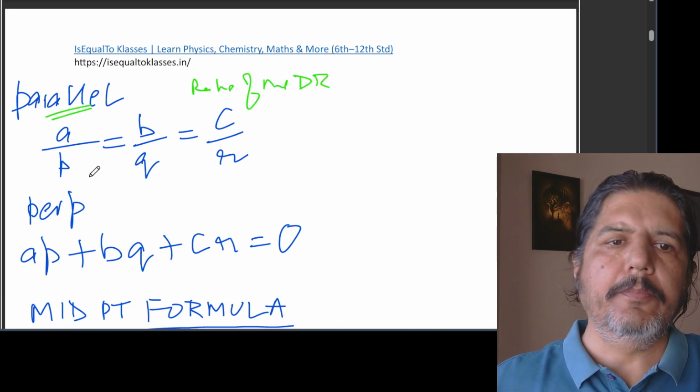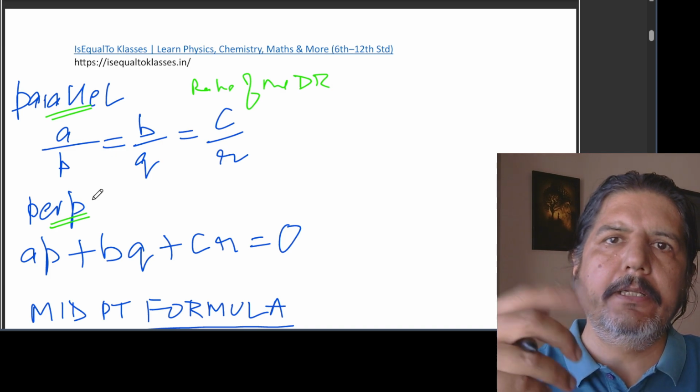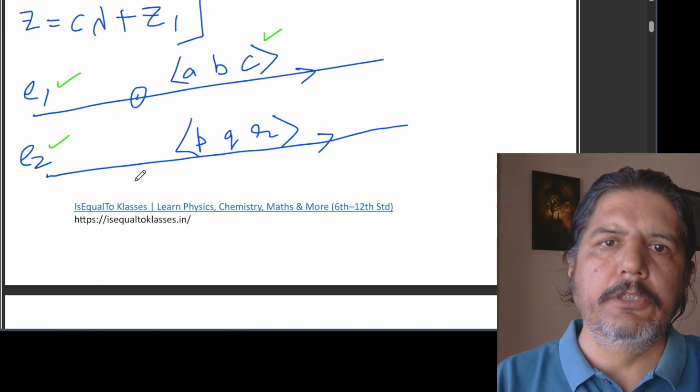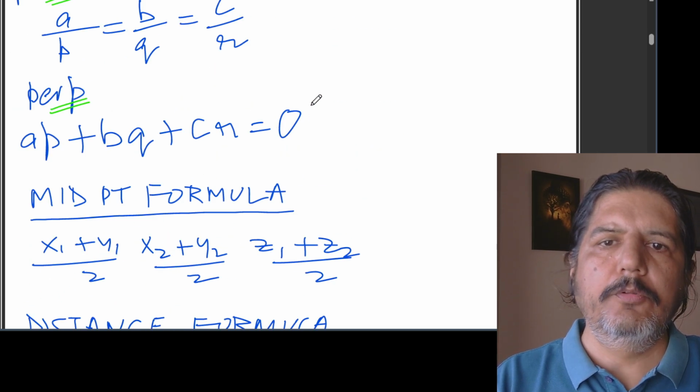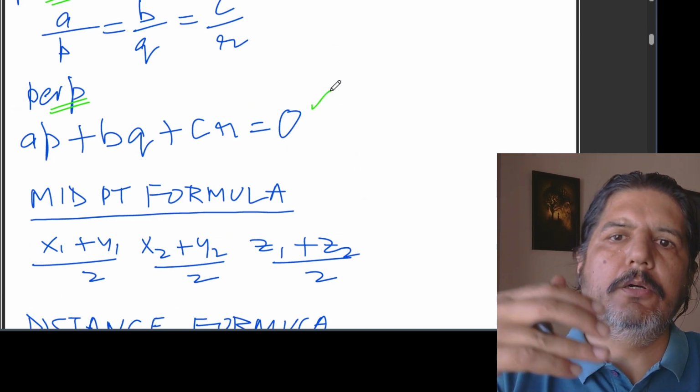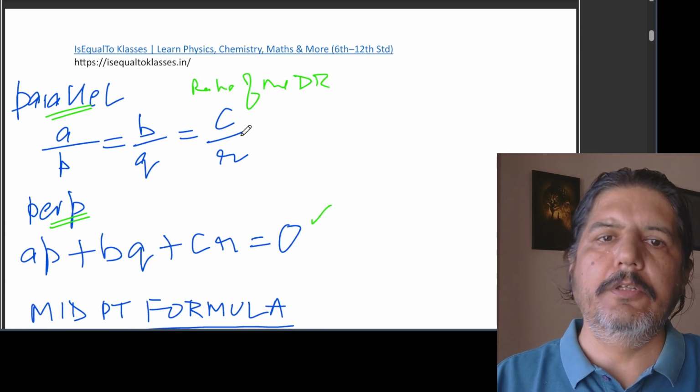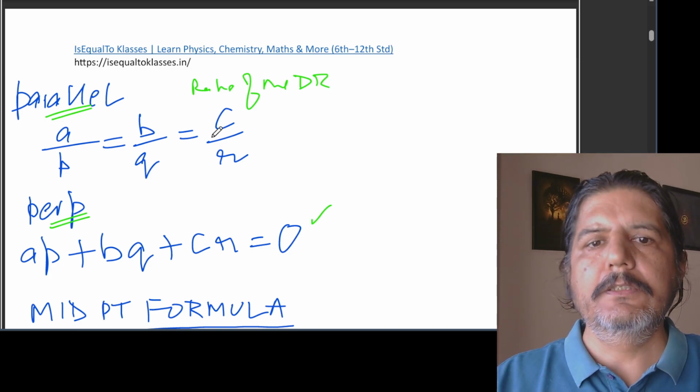And if these lines are perpendicular, then if I multiply the respective direction ratios, AP plus BQ plus CR, this would be equal to 0. This is the property of perpendicular lines, and the other is the property of parallel lines. Again, I'll be using this in this lecture.